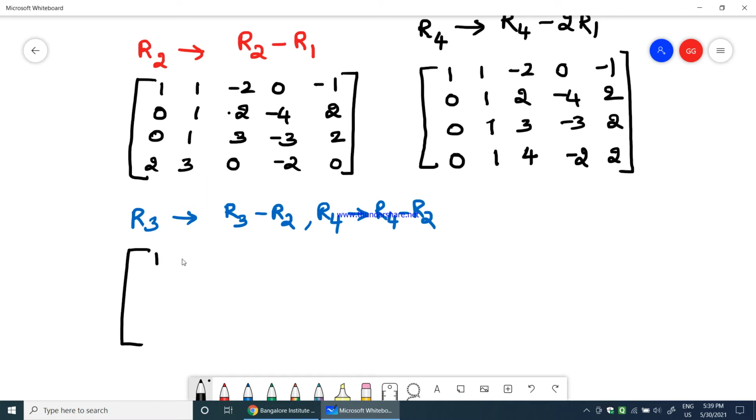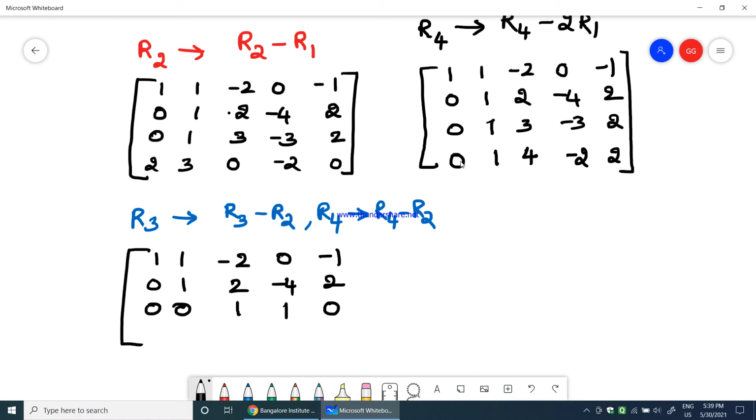So there it is 1, 1, minus 2, 0, minus 1, 0, 1, 2, minus 4, 2. So here 0 minus 0 is 0, 1 minus 1 is 0, 3 minus 2 is 1, minus 3 minus of minus 4, minus 3 plus 4, which is 1, 2 minus 2 is 0.